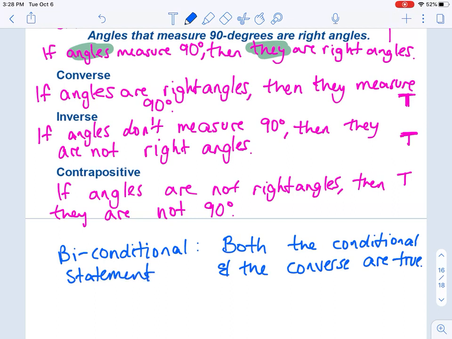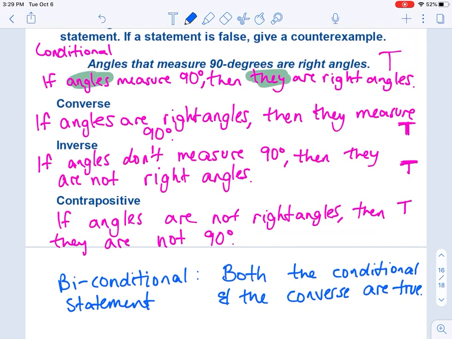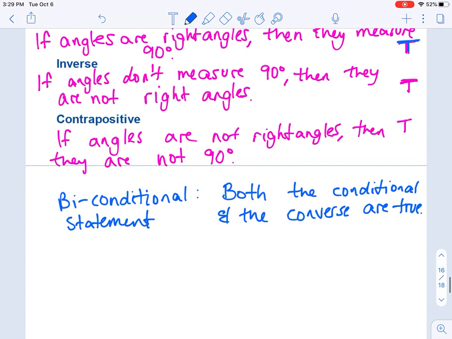I've touched on this before when we were talking about some theorems and postulates, where we had a biconditional statement, but we didn't really know what that was. So today is the day that we learn. Because on this last example, both our conditional and our converse were true, we can write a biconditional statement. I could call these if and only if statements.